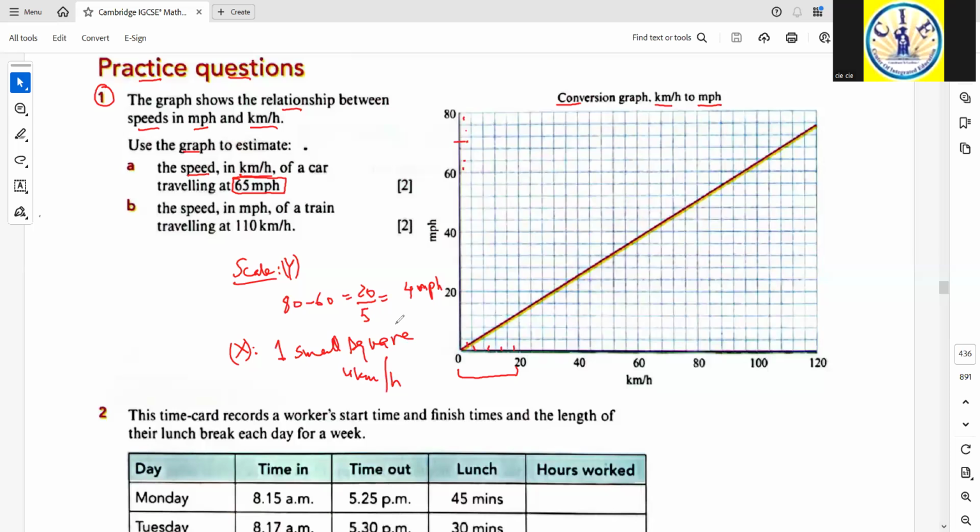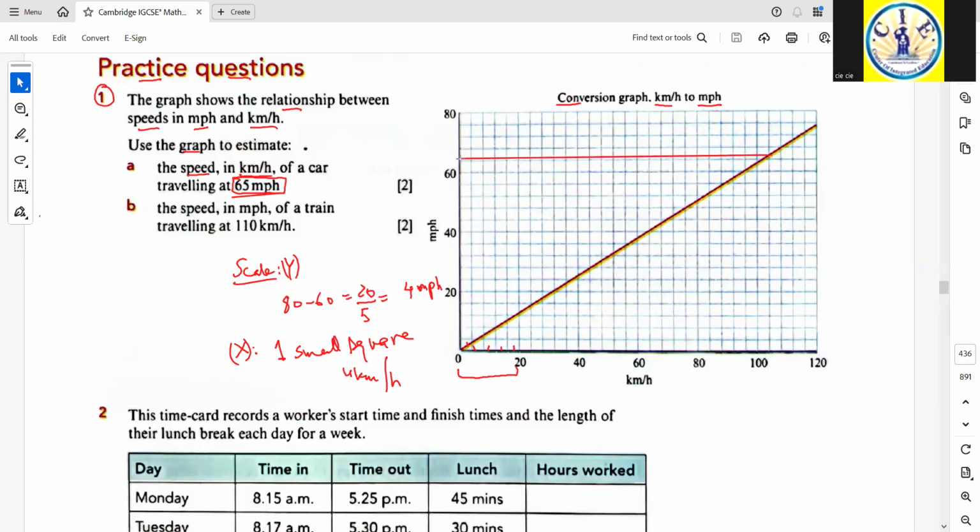Now, to find out for 65 miles per hour the equivalent speed in kilometer per hour, we need to see it would be somewhere here, above 64 and then a bit of it.